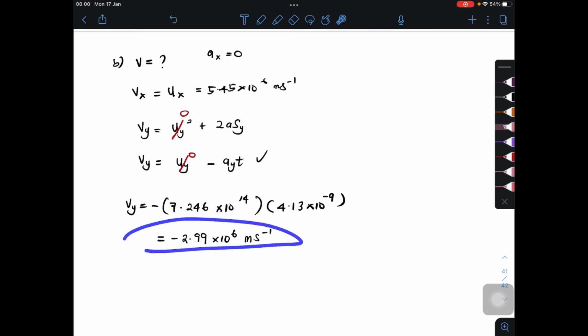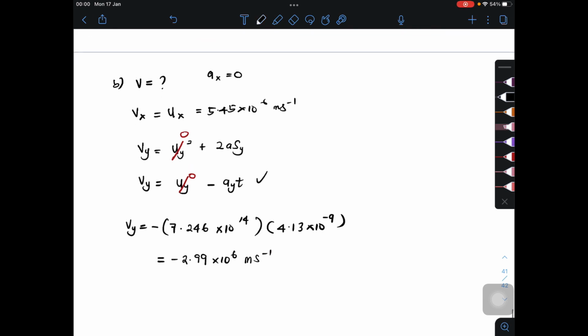Okay, so you should get this value here. And then in order to find V, you just need to find the magnitude. Okay, so V will be equal to square root of Vx square plus Vy square.